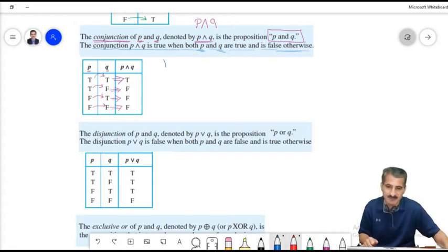Let's make the sentence P to be "5 is an integer".